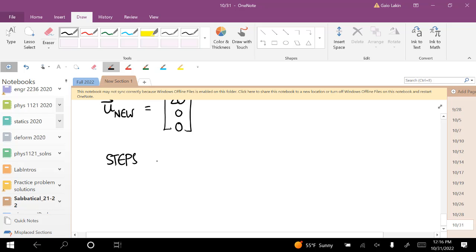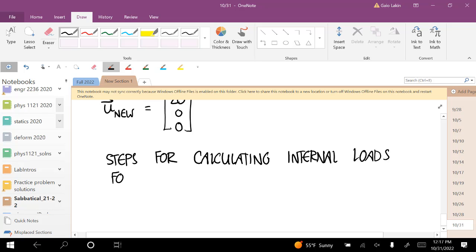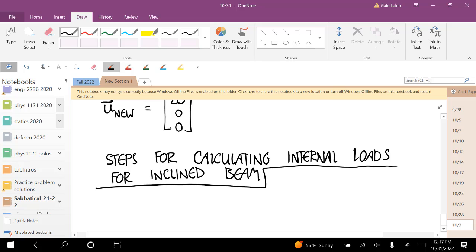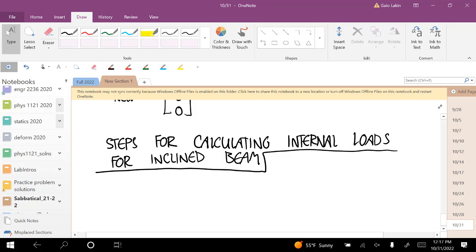So these are the steps for calculating the internal loads for an inclined beam. And I'm going to use this problem as an example as I go.